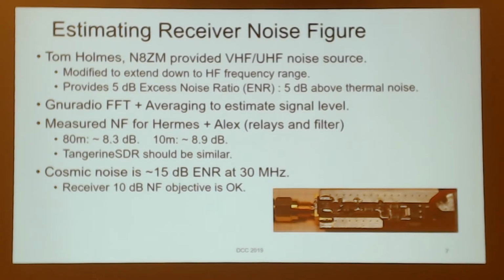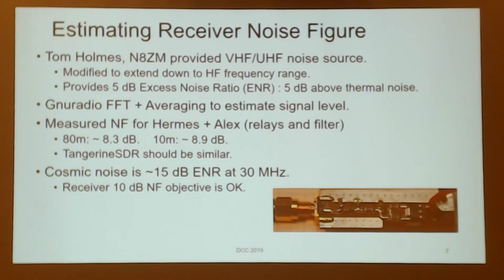So there's a few dB of attenuation there. I was able to measure the noise figure of the Hermes plus ALEX combination. It was about 8.3 dB on 80 meters and about 8.9 on 10 meters. And so allocating a few tenths of a dB per relay and a dB or so for the low-pass filter, that's in about the right range.